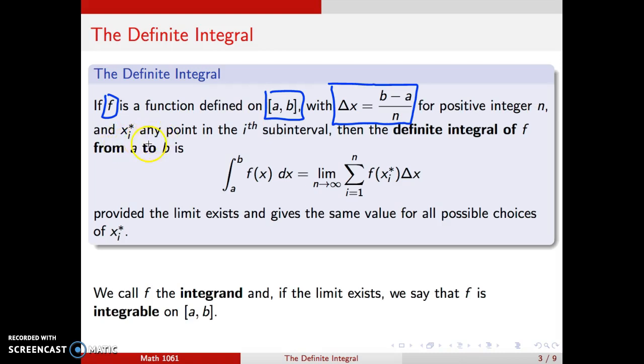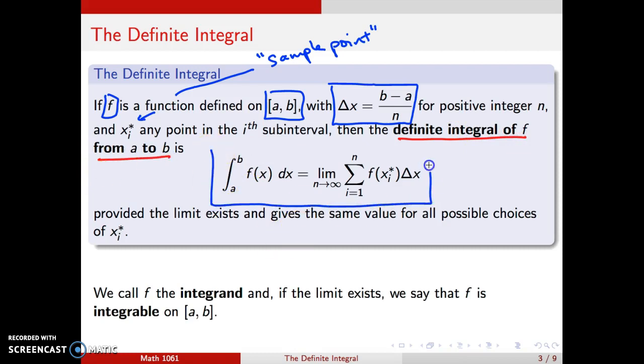If xi star is any point in the ith subinterval, remember that's called the sample point, then the definite integral of f from a to b is given by the following.